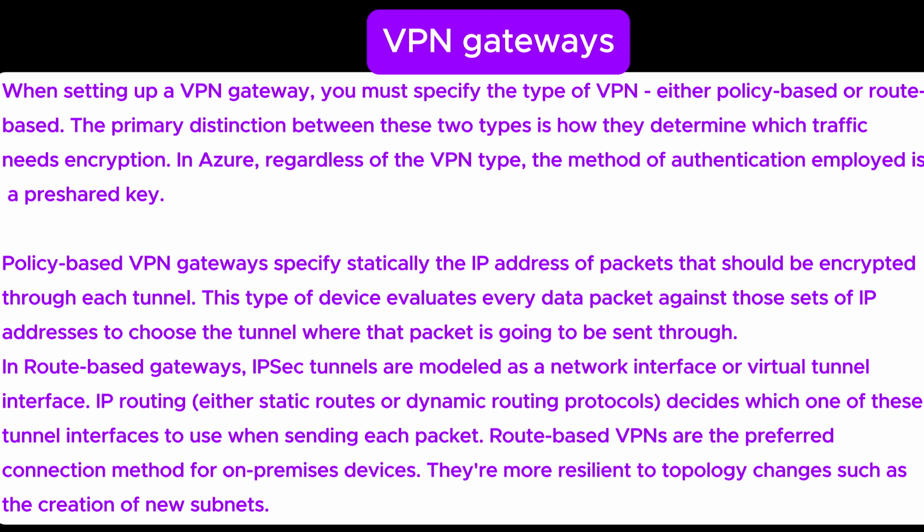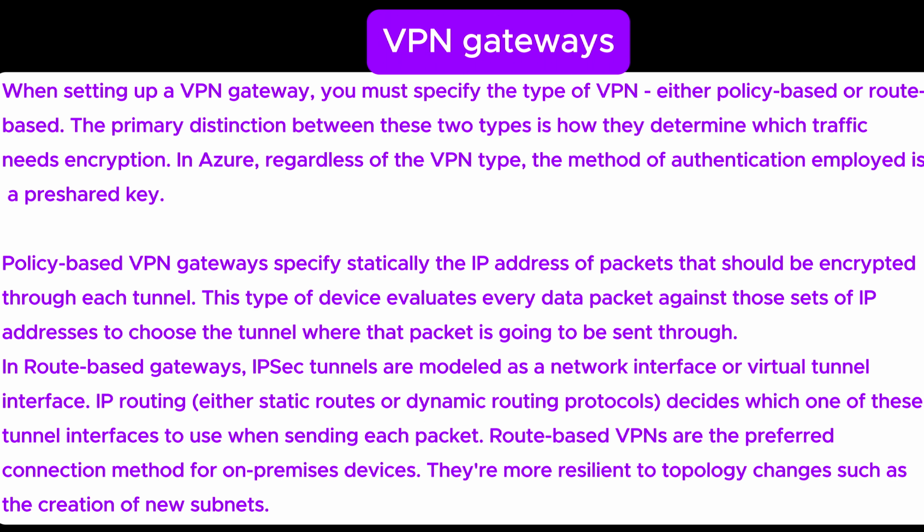The first type, policy-based VPN gateway, specifies statically the IP addresses of packets that should be encrypted through each tunnel. This type of device evaluates every data packet against those sets of IP addresses to choose the tunnel through which the packet is going to be sent.